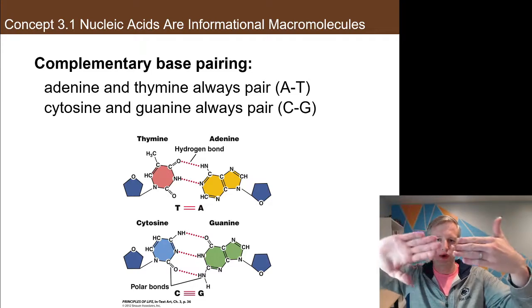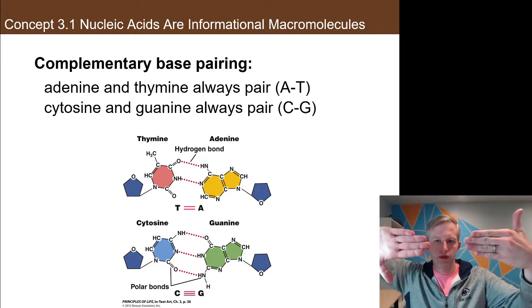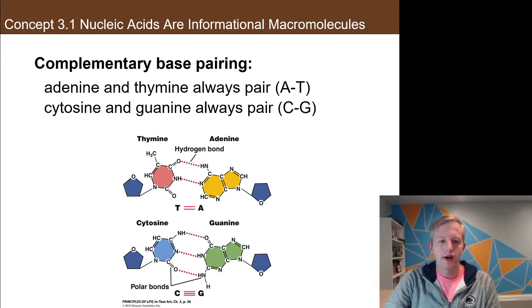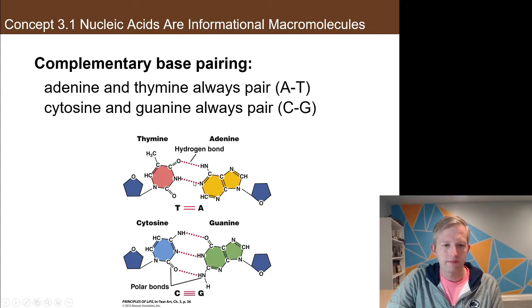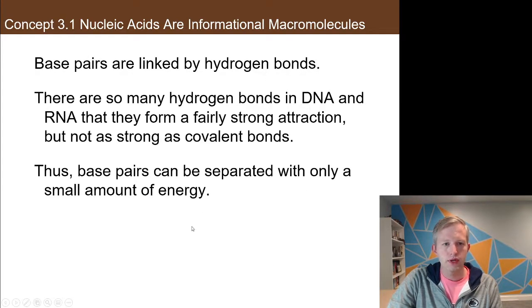Not something we need to worry about until we get into genetics, but the way they line up together, their hydrogen bonds actually align in a reliable way. And so that's why thymine and adenine are kind of mirrored to each other with their available hydrogen bond attractions that can occur between these two different sites and three different sites here in cytosine and guanine. So it's a great example of hydrogen bonding.